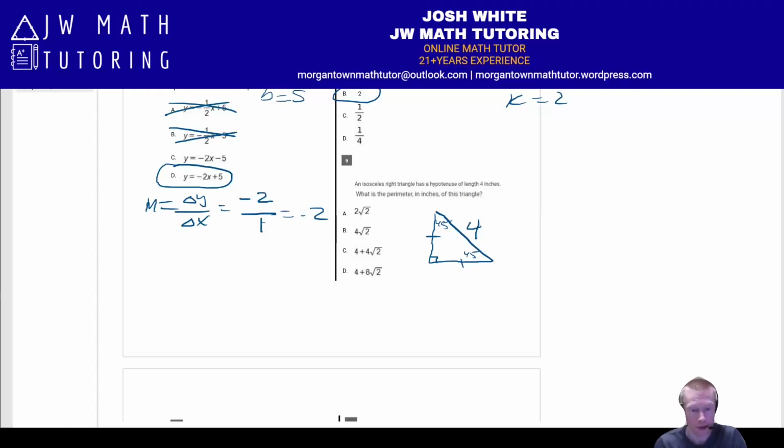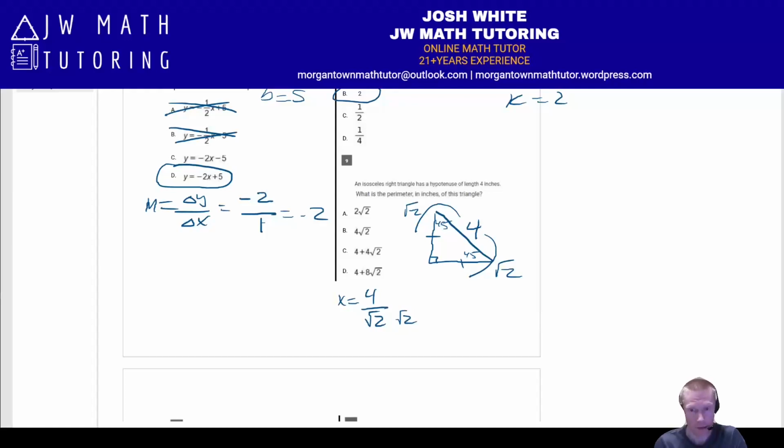First, if you remember the properties of right triangles, specifically 45, 45, 90s, the scale factor between the hypotenuse and the legs is basically root 2. And since we have the hypotenuse and we're going to the legs, we're going to divide by root 2. So the legs, which I'm just going to call x, would be 4 divided by root 2.